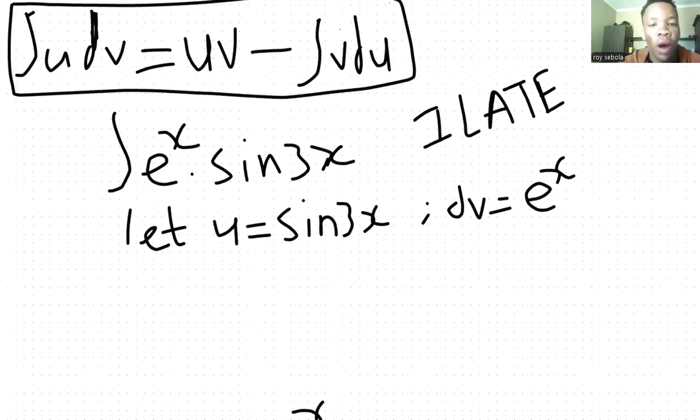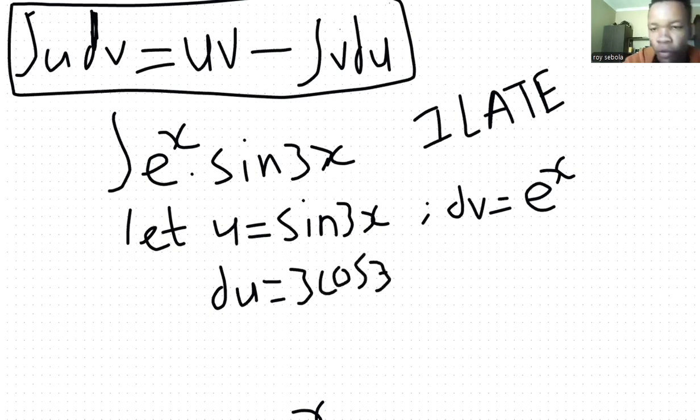Now since we have our u and our dv, we must have our du and our v. Our du is going to be 3 cos 3x. Then our v, you integrate dv, you will get e to the x.